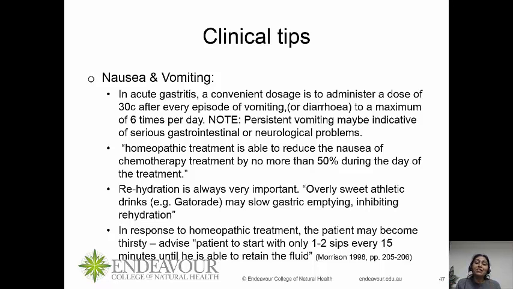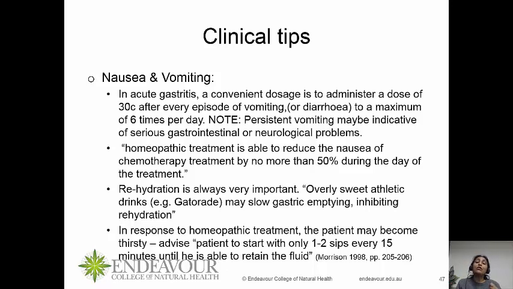But the only factor that you've got to keep in mind is you do not repeat the medicine too often. And Morrison says do not repeat the medicine more than 6 times per day. So if you've repeated it 6 times and there's no effect whatsoever, that means you probably have chosen the wrong medicine.